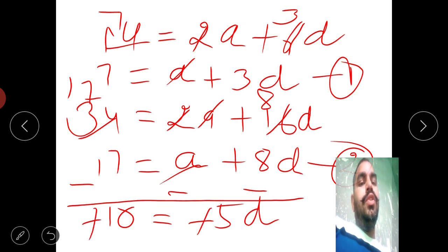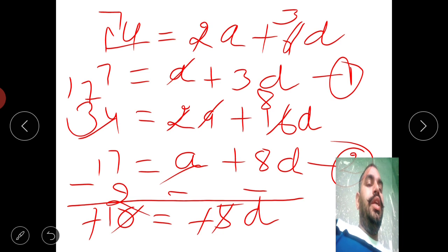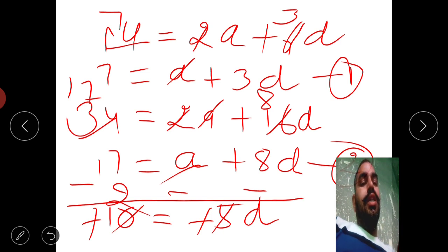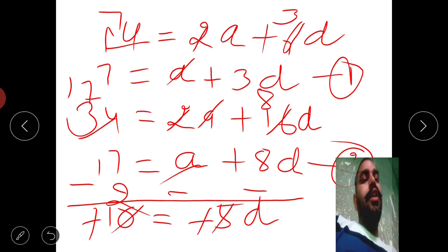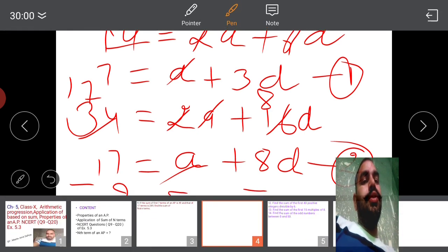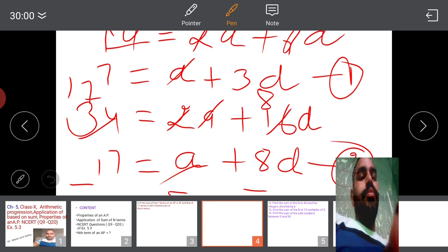Minus cancels out with minus, and 5 into 2 is 10, so d is equal to 2. If d is there, then I think you can find the sum of n terms. You can put d in either equation number 1 or equation number 2.